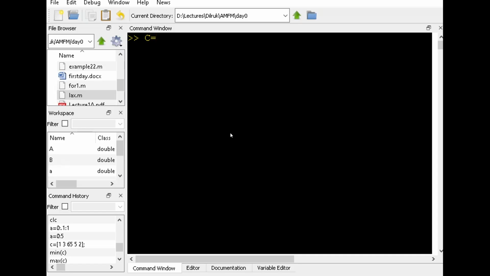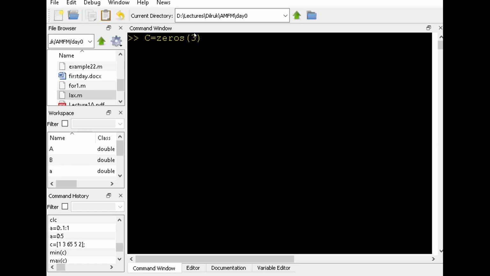C is a 3 by 3 matrix with all zeros. How do you do that? There's a built-in function to do that, zeros, and put the dimension. You can put this one.